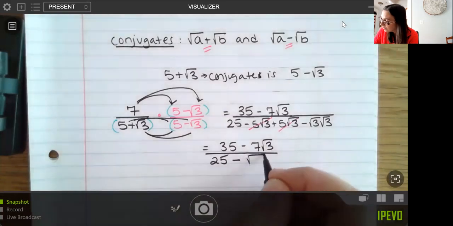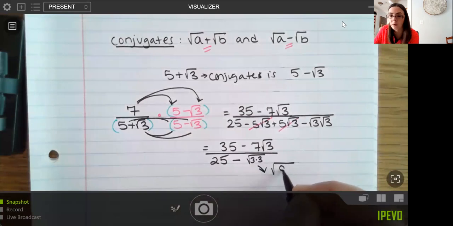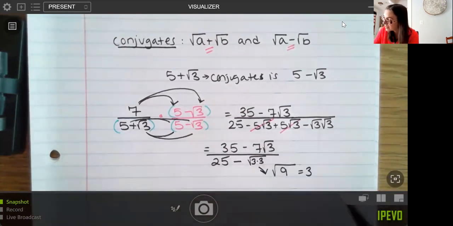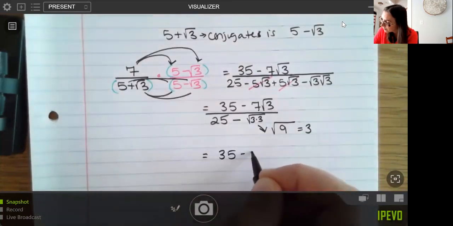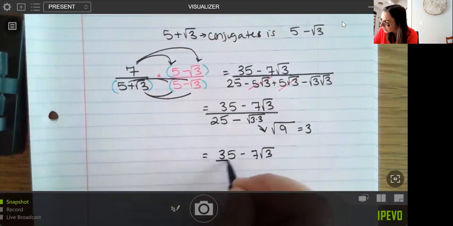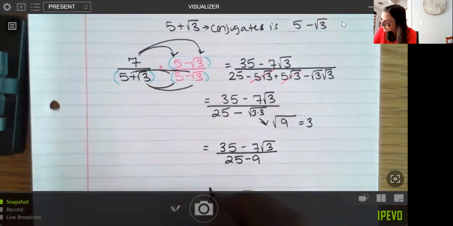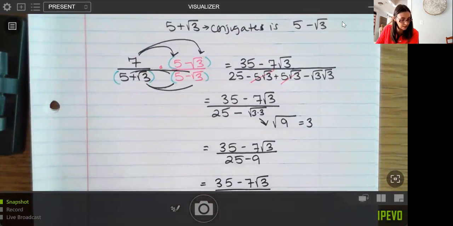So you have root 3 times 3, and that becomes the square root of 9. And the square root of 9 is just 3. So you get this canceling idea happening in that last piece. So I actually have 25 minus 9 in that denominator, and that's going to put it over 16 there.